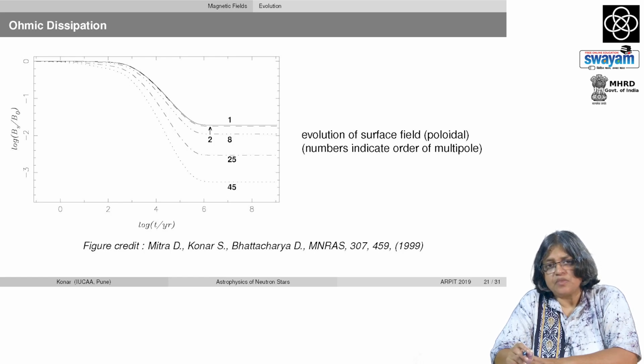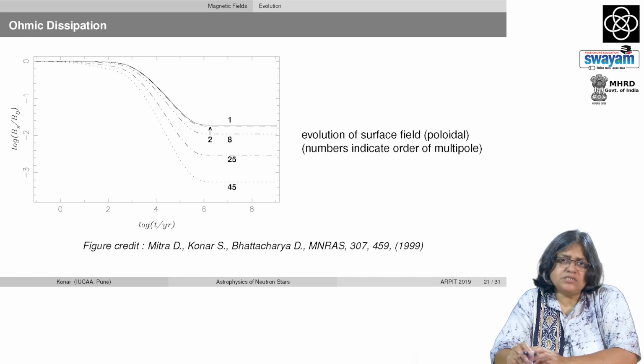What happens for higher multipoles, that is very interesting. If there are higher multipoles in the neutron star, they decay much faster than a dipolar magnetic field, and higher the multipole, the quicker they dissipate.